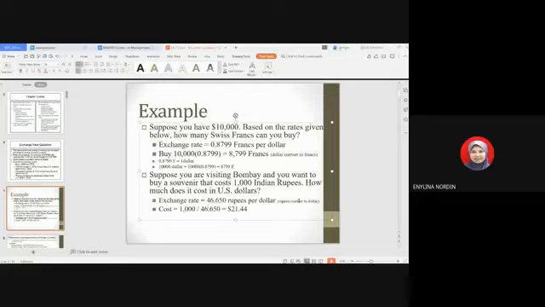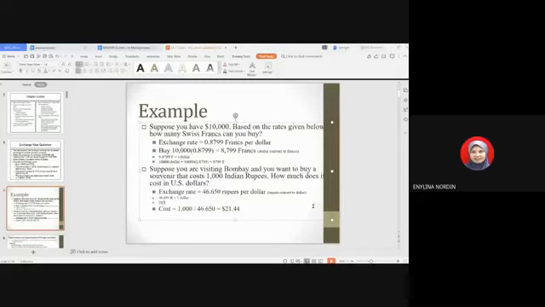Let's say the exchange rate is 46.650 rupees equals $1. That means if it costs you 1,000 rupees, how much should it be in dollar?